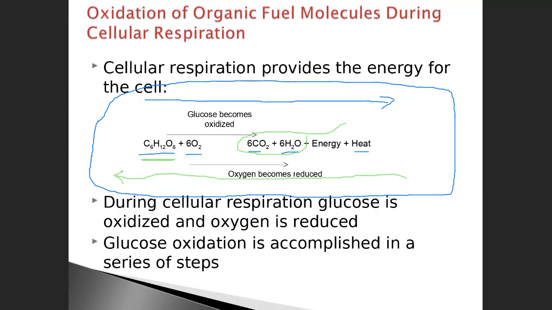They produce sugar through photosynthesis. In order to produce ATP, the plants have to undergo cellular respiration also, right? Just like us.